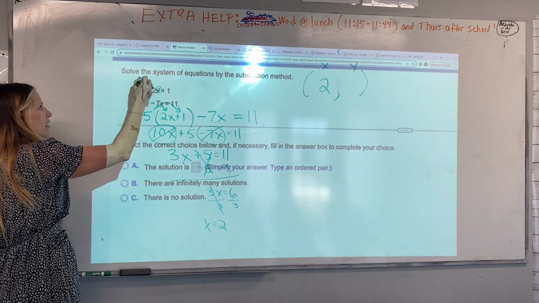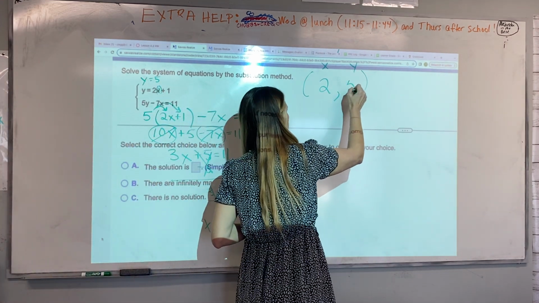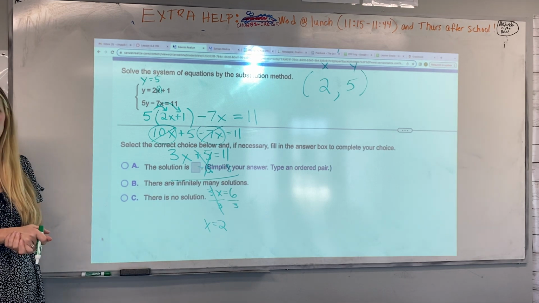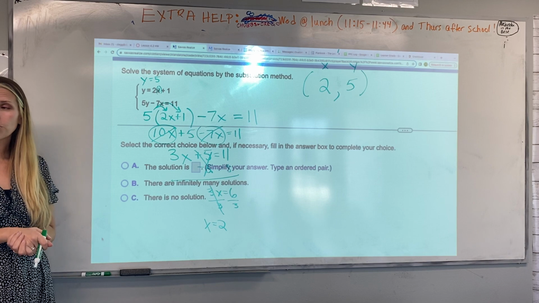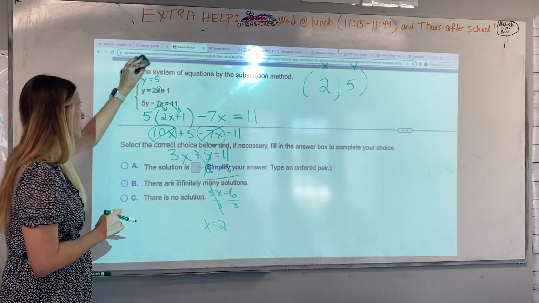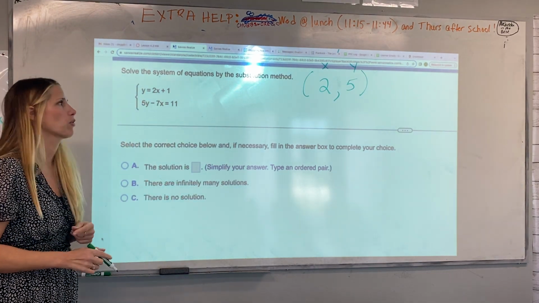So y equals 5. Am I done? No. I mean, technically I found my solution, so I can be done. But if you want to be super sure, plug them back in to the original and make sure that solution works for both.